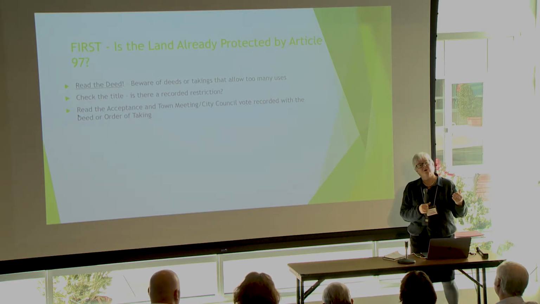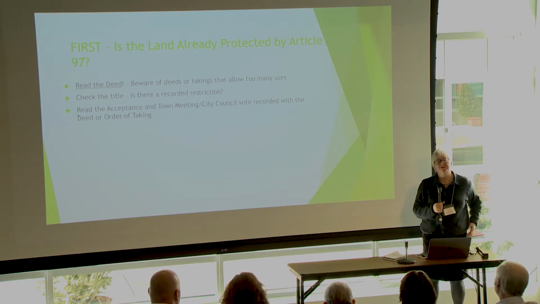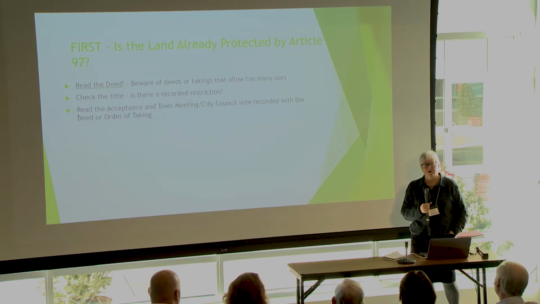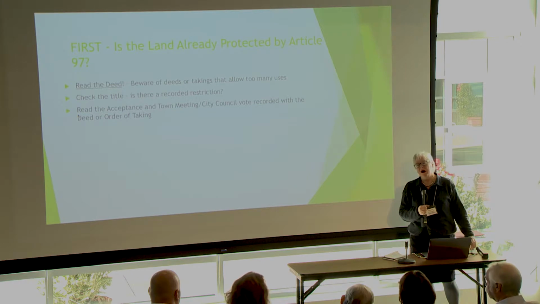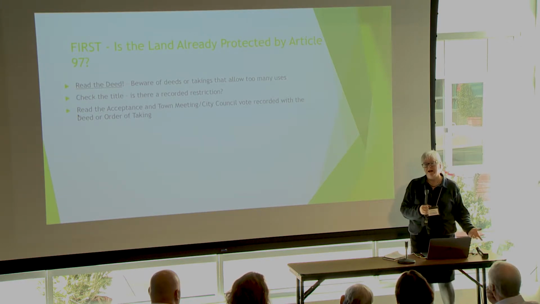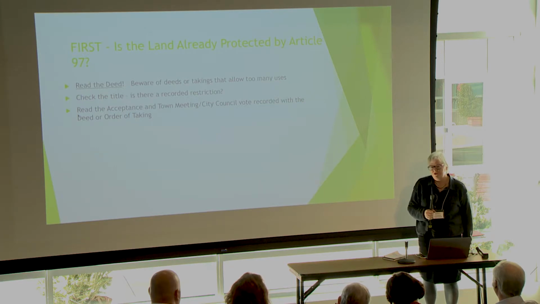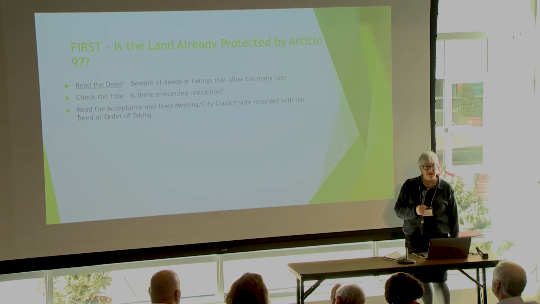But we did have a period of time until the Westfield case where we actually did record these certificates of vote of the town meeting to put something in the chain of title. Obviously, if a property has a restriction, as we listened to in the earlier session on conservation restrictions, that's a pretty obvious thing.